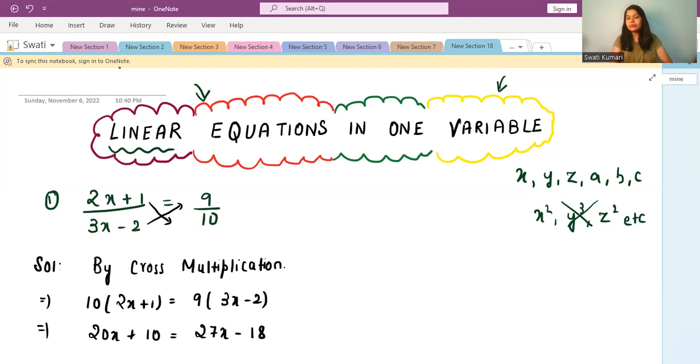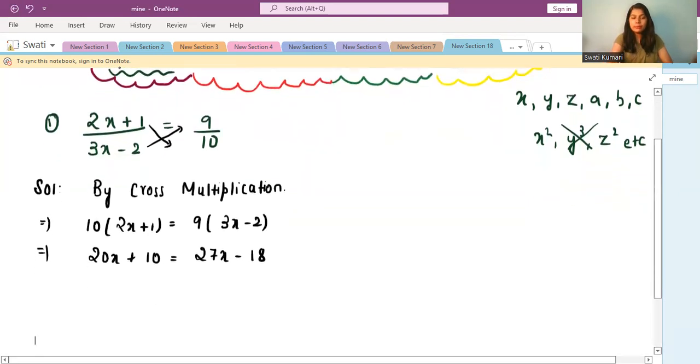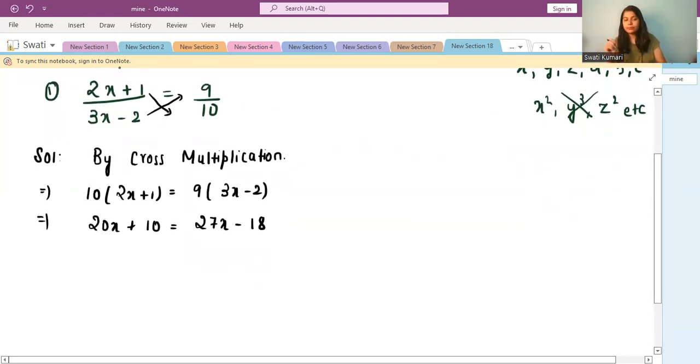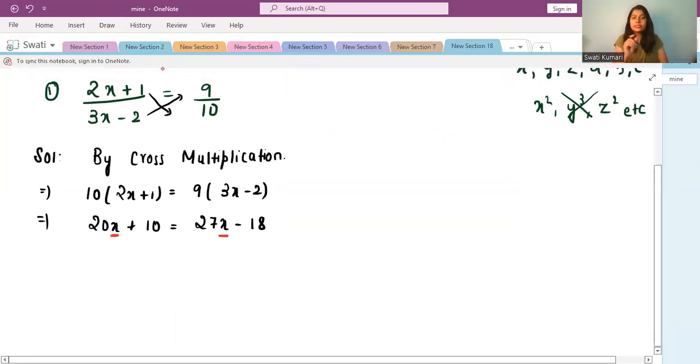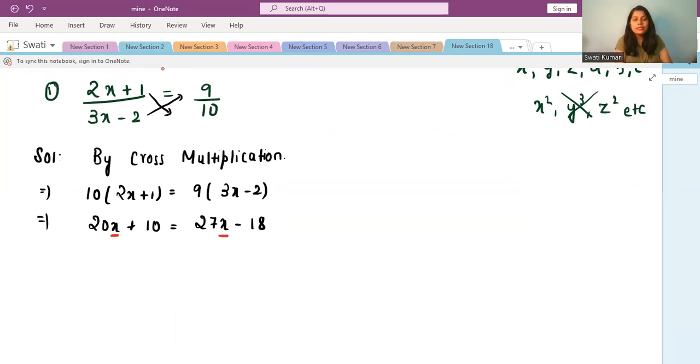Now remember one thing: once you reach this step, you have to keep the like terms together. For example, here we have x and x, so these you have to keep together. And this is a number, a constant, and this is also a number. They want to stay together.